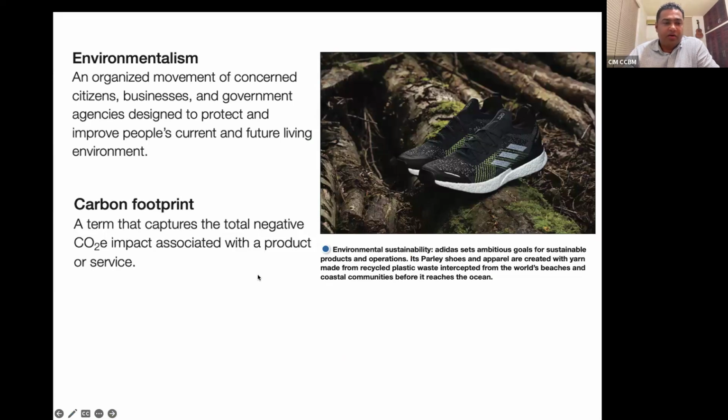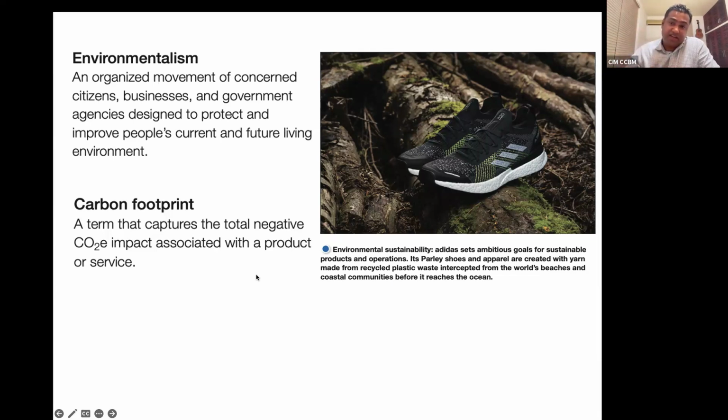And then we talk about the carbon footprint. You know, every company can measure its carbon usage. The carbon means the CO2 impact, right? So there are organizations that use this as an opportunity, as you can see here, right? Here we see companies that create yarn made from recycled plastic waste to create these shoes.